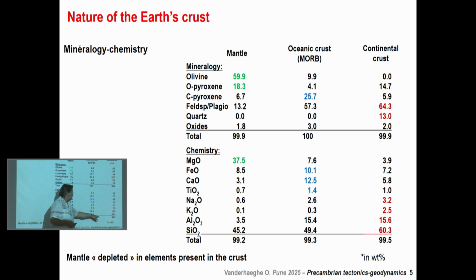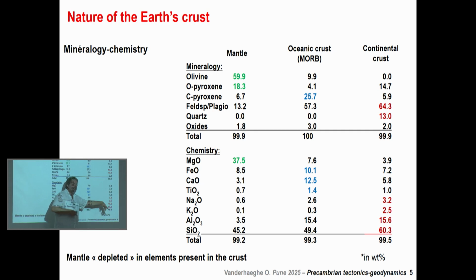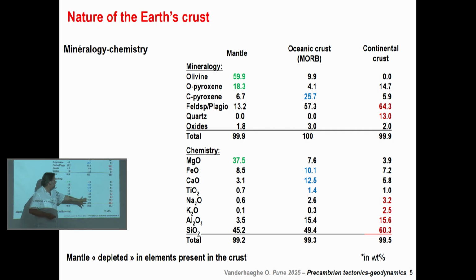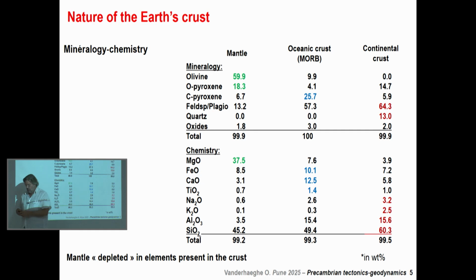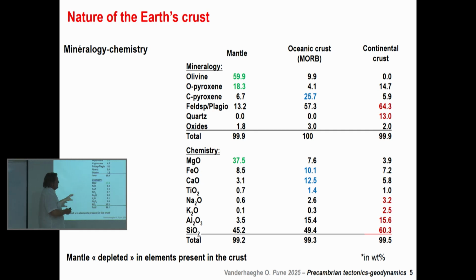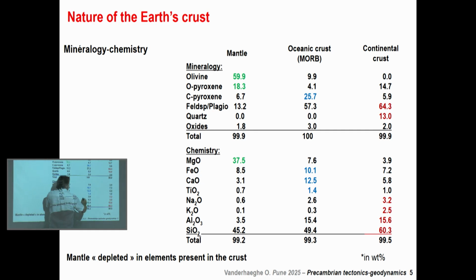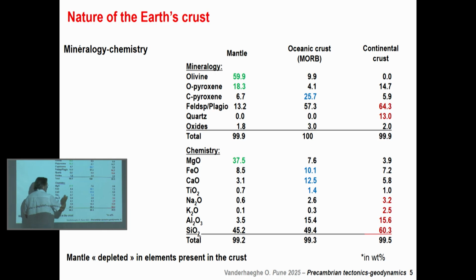But quartz, free silica, is expressed as a free phase only in the continental crust, very seldom in the oceanic crust. What we can see from this organization is that the elements that are in the continental crust are not in the mantle. So there's sort of a mirror image of the continental crust and the mantle, and the oceanic crust is in between, with an intermediate composition.